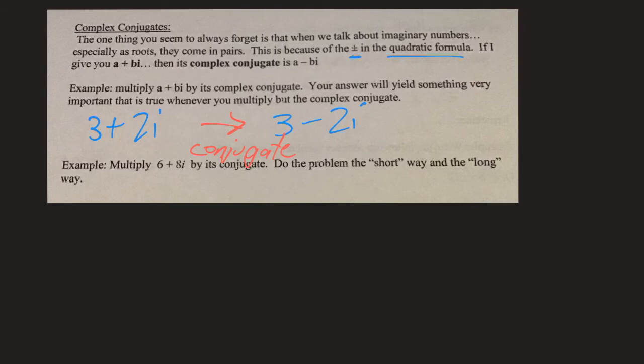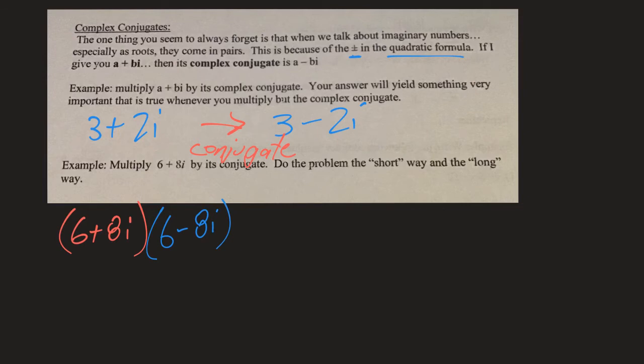So first thing, 6 plus 8i. Let's find that conjugate. So what is the conjugate of 6 plus 8i? I'm hoping that you guys all came up with 6 minus 8i, okay?